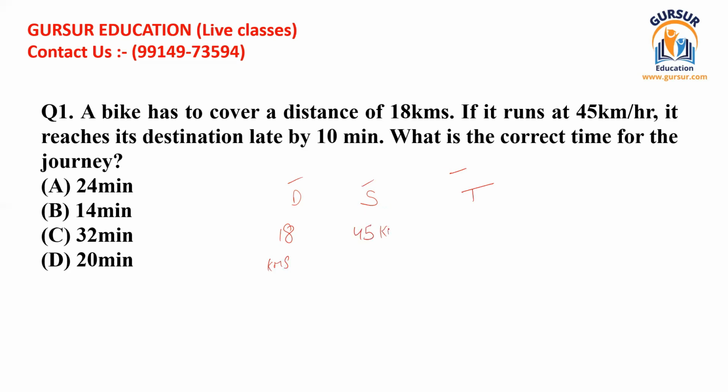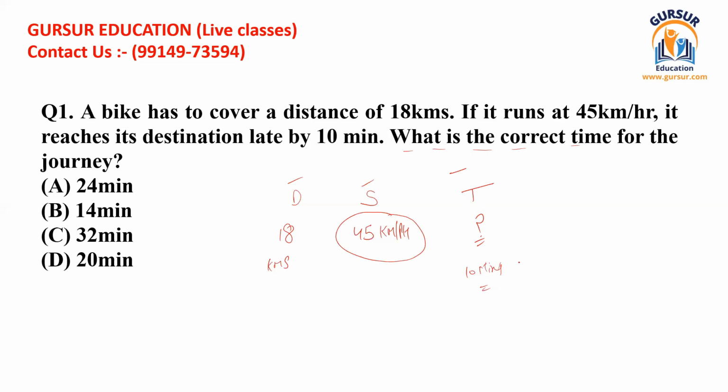This is 45 kilometers per hour. Time is not given to us. We have to find the time. So the question is saying, what is the correct time for the journey? Time we have to find, but we have been given a description that if the speed is this, then the person reaches his destination late by 10 minutes. So this is the condition which has been given to us.